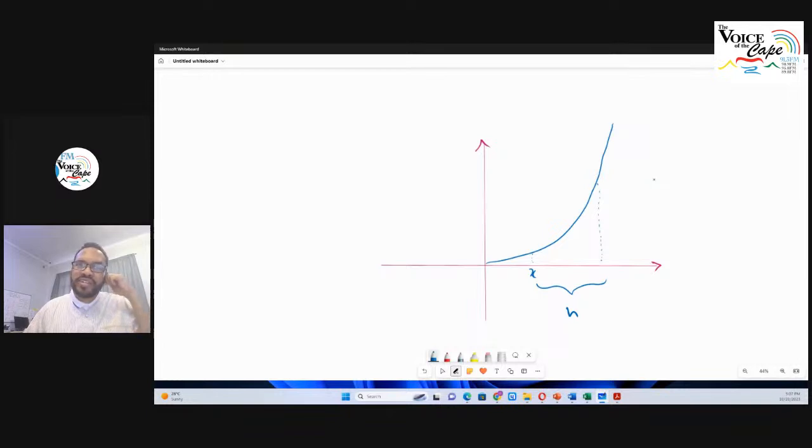Now, if we were to use real numbers and we say that this number is 1, and this distance from this number over here to this number over here is 3, then we know that that point over there is going to be 4. How did we get 4? If this was 1 and the distance is 3, we said 1 plus 3 gives us 4. So in other words, this coordinate over here will be x plus h on the x.